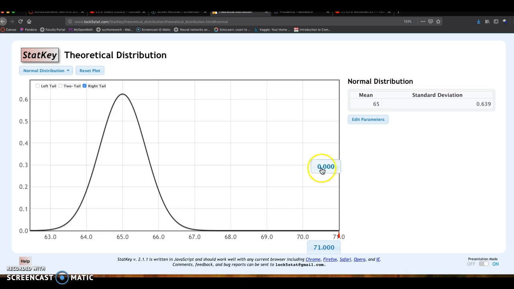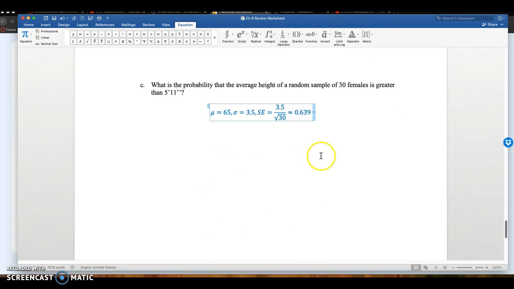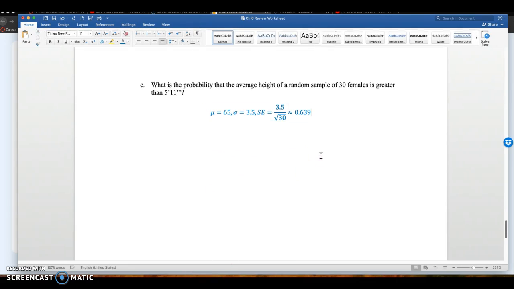And here, it's even less likely. We would need more precision to know how many decimals to go, but I'm going to say essentially 0, or statistically 0. The probability of getting a random sample of 30 females whose average height is greater than 71 inches is statistically 0.